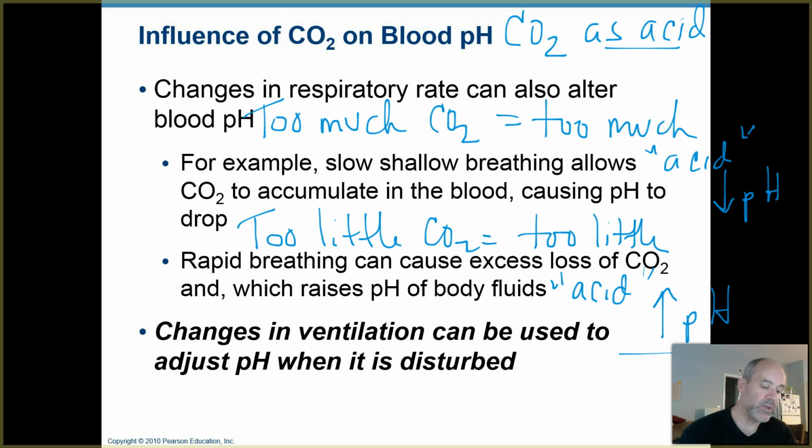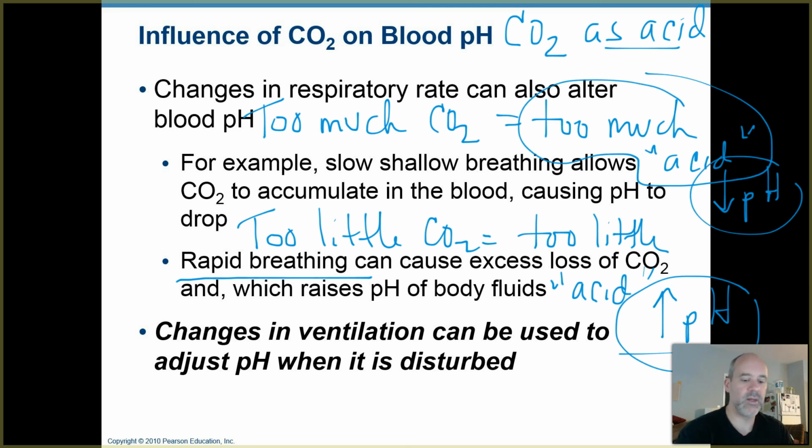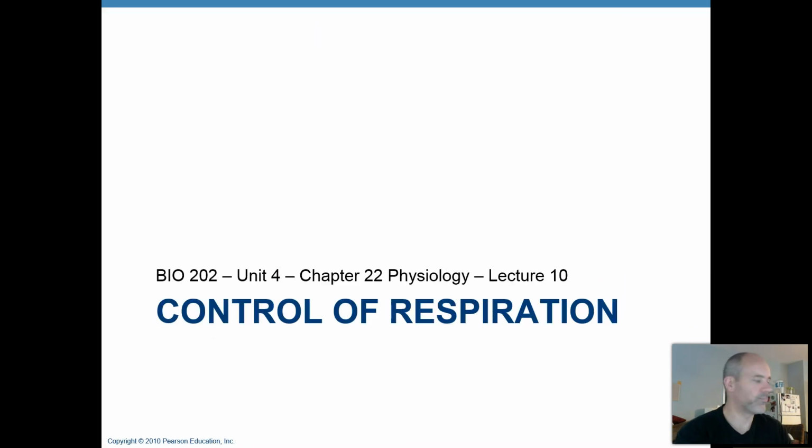So if you exhale too much CO2 and don't have enough CO2 in your body fluids, your body fluid pH is going up. If you're not ventilating enough, you're allowing too much CO2 to accumulate in your body fluids. That's too much acid, and your pH is going to go down.